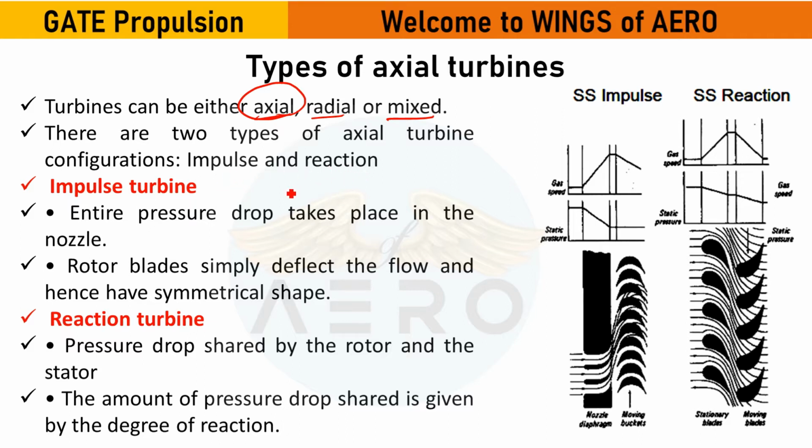Now for both the impulse turbine and the reaction turbine, the main motto of the turbine is to cause a pressure drop. The main motto is pressure drop.